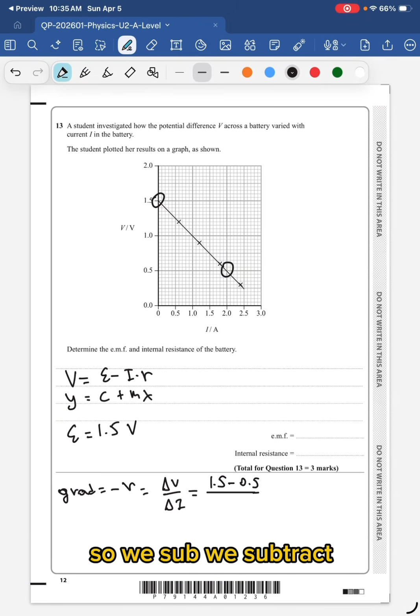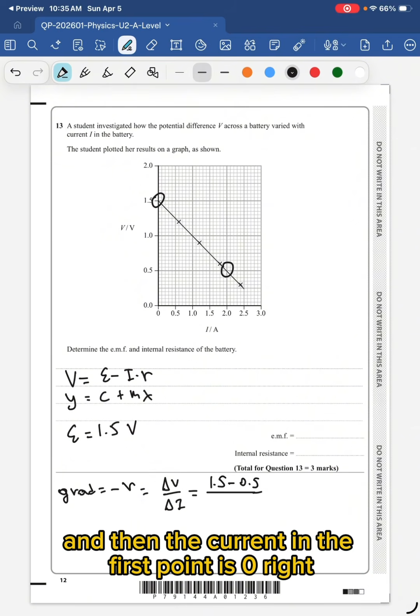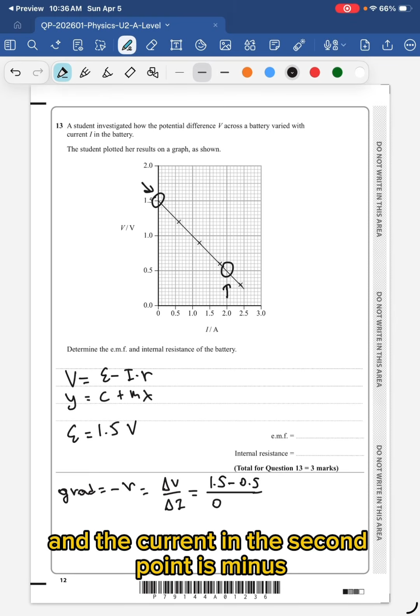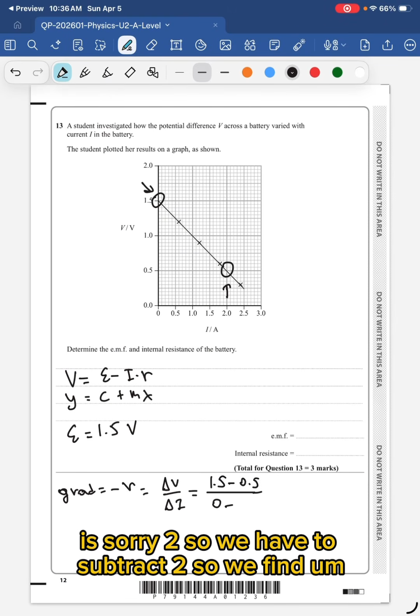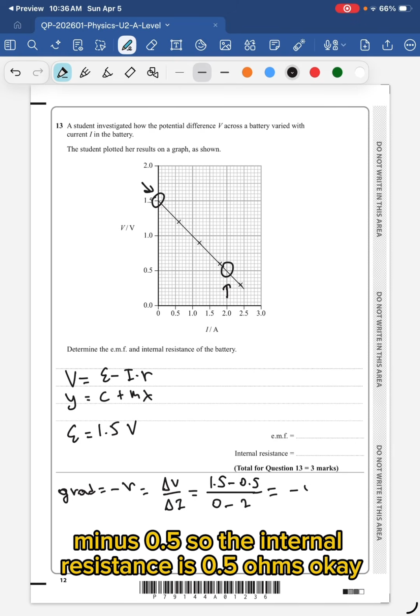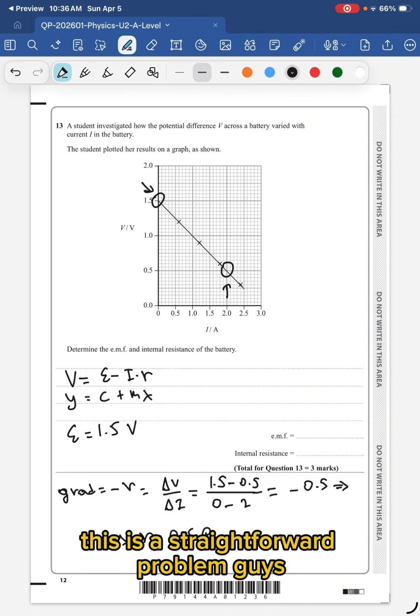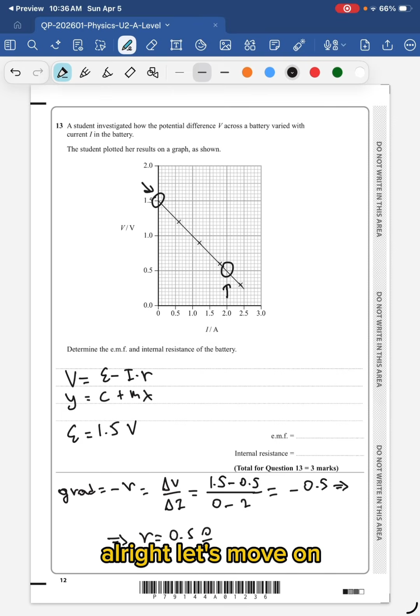So we subtract, and then the current in the first point is 0, right? And the current in the second point is 2, so we have to subtract 2. So we find minus 0.5. So the internal resistance is 0.5 ohms. Okay, this is a straightforward problem, guys. All right, let's move on.